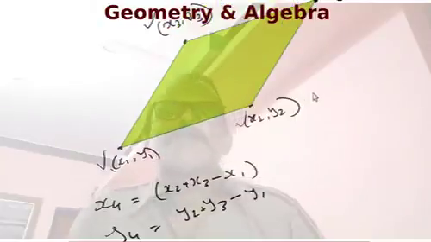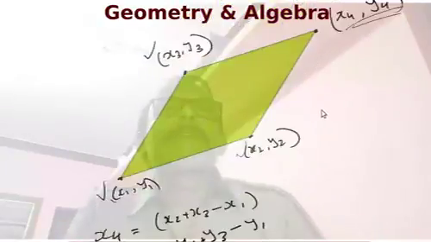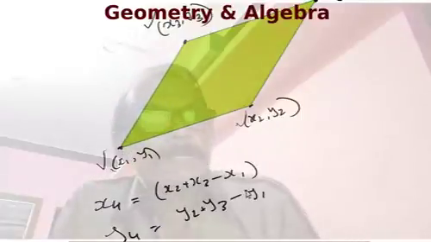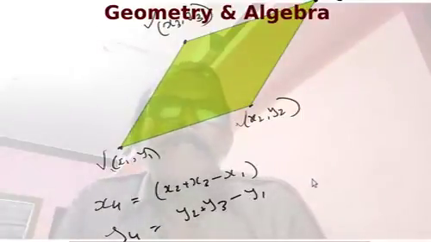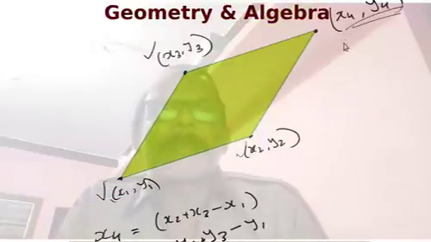So the fourth coordinate of a parallelogram can be calculated using this algebraic method also. You can use either this method or the geometrical method of finding the third vertex of a right triangle. Anyhow, you can do the activity. Remember, this is the most convenient and easy way to calculate the coordinates of the fourth vertex of a parallelogram.